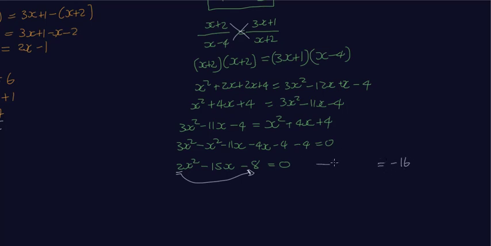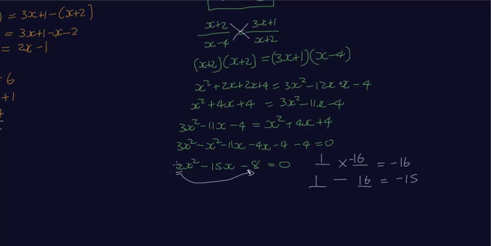Then we find two values that multiply to give minus 16, but they must add to give the middle value, which is minus 15. So 1 and 16 must multiply to give 16, but one must be negative, and for it to be negative, 16 must be negative. So which means 1 minus 16 is minus 15. We don't add now, we subtract.